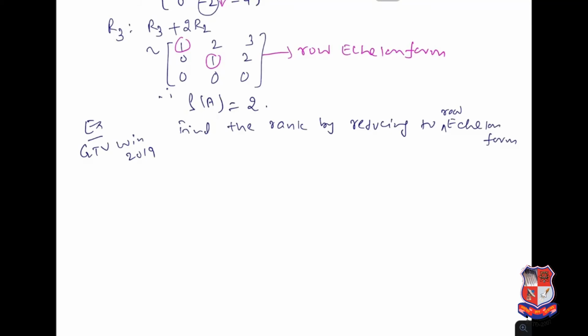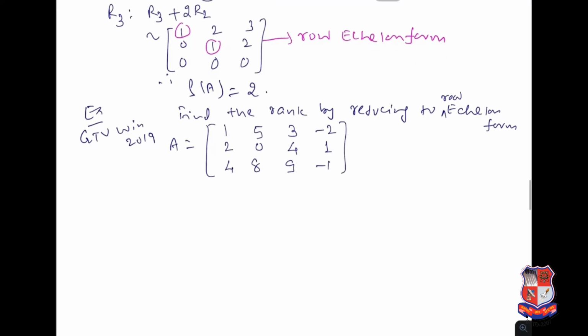So the matrix is 1 5 3 minus 2, 2 0 4 1, 4 8 9 minus 1.